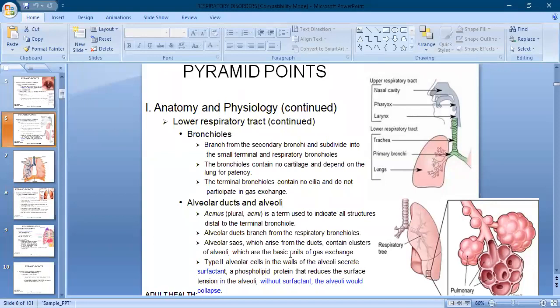One point is very important. Alveolar sac contains one of the proteins called surfactant. Surfactant helps to keep the patency of the alveolar sac. If a patient has a deficiency of surfactant, at that time the alveolar sac gets collapsed. Some of the unfortunate babies have this problem.